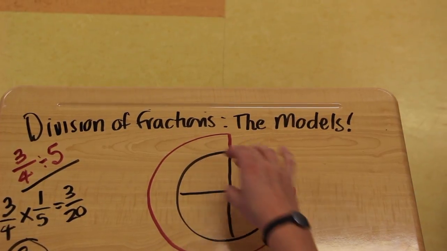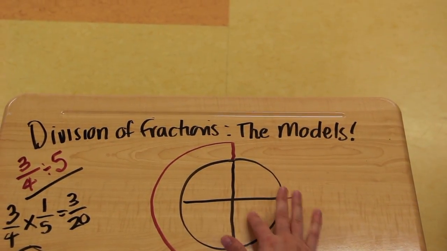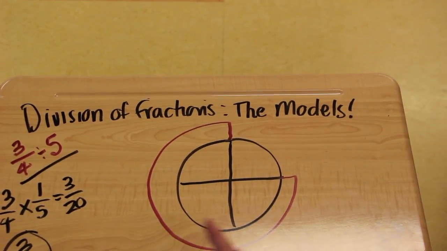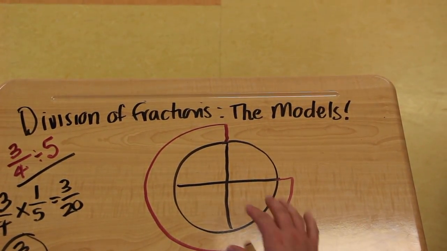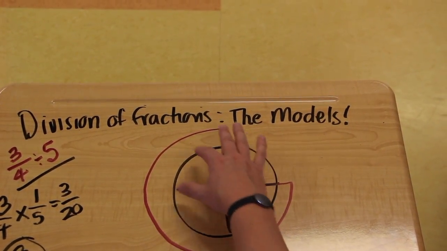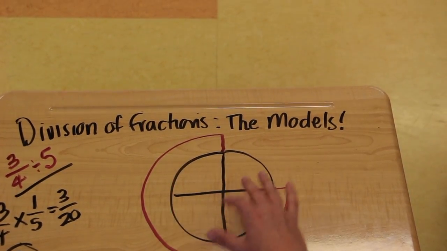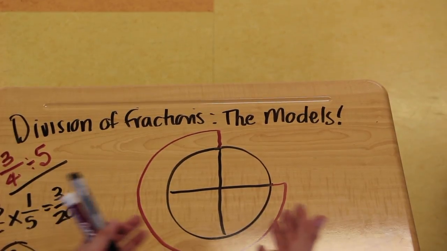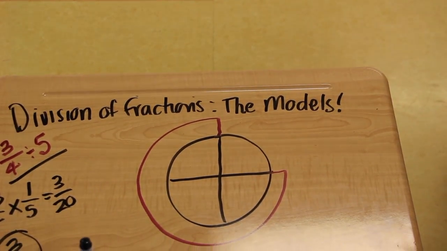So we're going to take our 3/4, these 3/4, so 3 out of 4, and we're going to divide them into 5 pieces. If we wanted to divide them into 5 pieces, we could estimate what 5 pieces here would be, but it's very inaccurate and we wouldn't know where those lines would go.